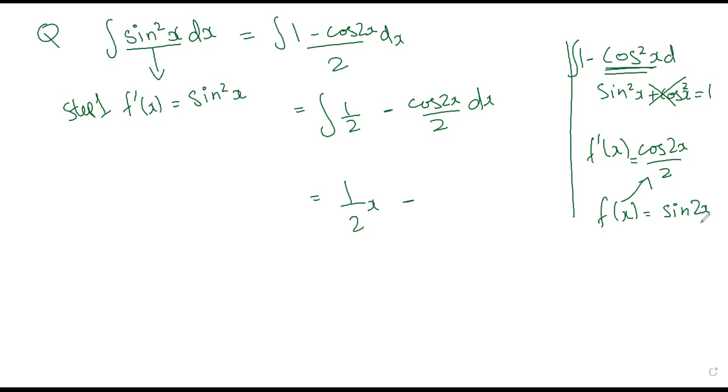If you had sine 2x and you were asked to differentiate it, you would have ended up getting cos 2x with a 2 here. But there's no 2 over here. So you will basically divide a 2 over here.